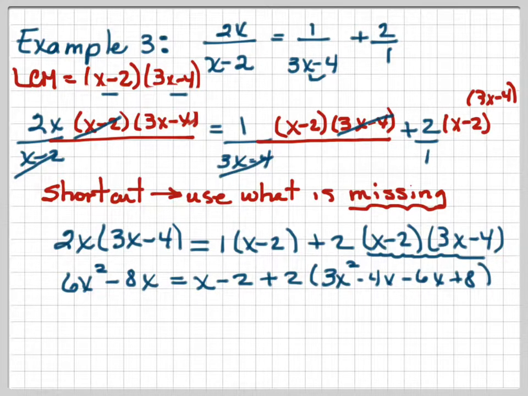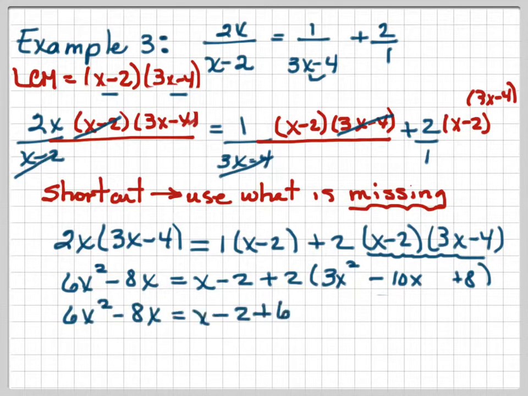That's 3x squared minus 4x minus 6x plus 8. I can make it minus 10x, because minus 4 plus minus 6 is minus 10. And now I need to multiply that whole thing by 2. So I'll get 6x squared minus 20x plus 16.